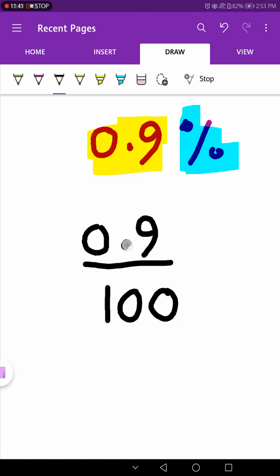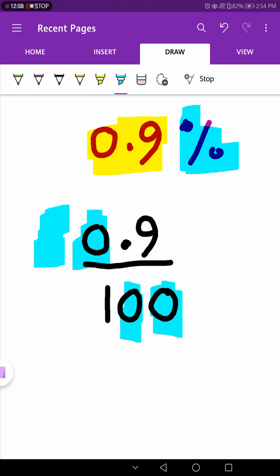Now, how many digits do I have down? 1, 2. So I have to move this decimal 2 steps, that means 2 digits. Let's go. 1 digit. Teacher, I have nothing here on the left. So create one, and this is the 2 digits. Then you set the decimal point.